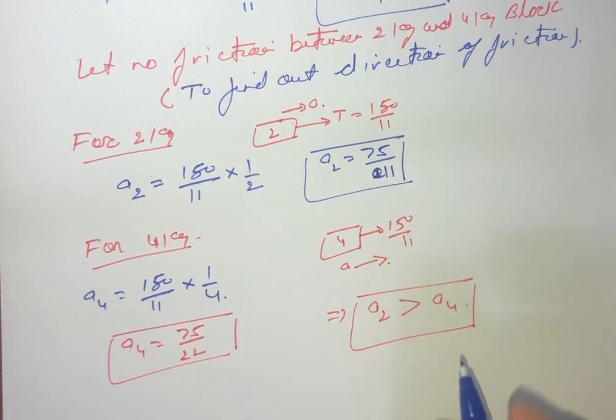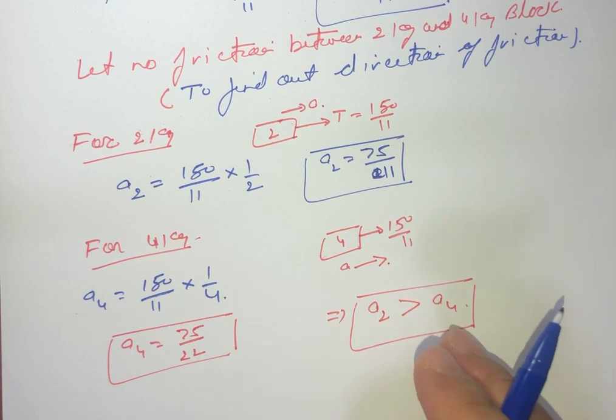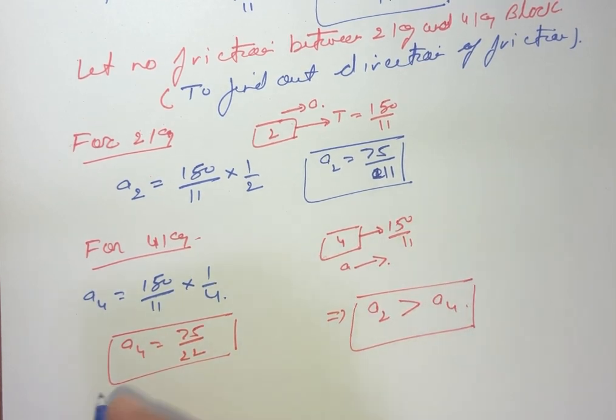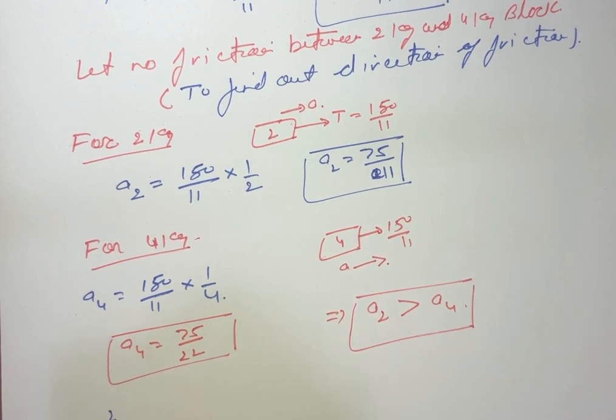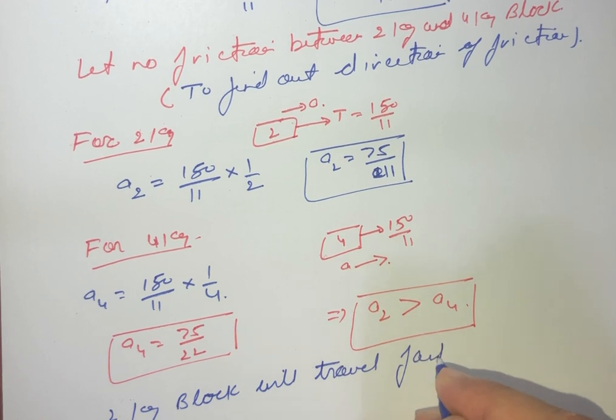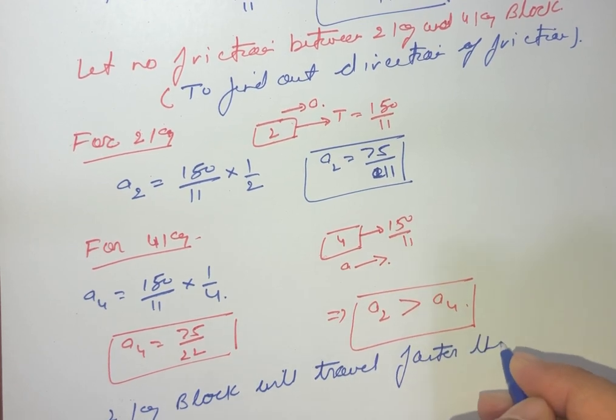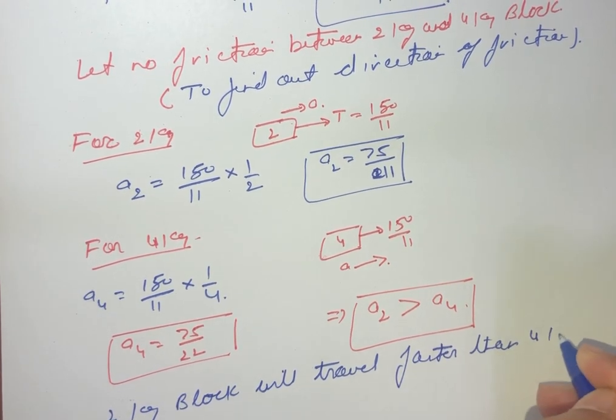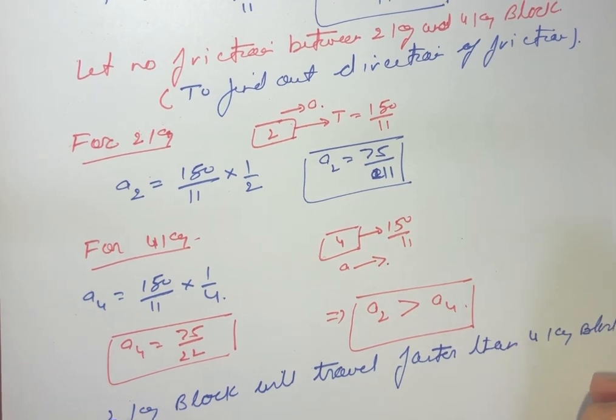So it means A2 will be traveling faster as compared to the 4 kg block. So the 2 kg block will travel faster than the 4 kg block.